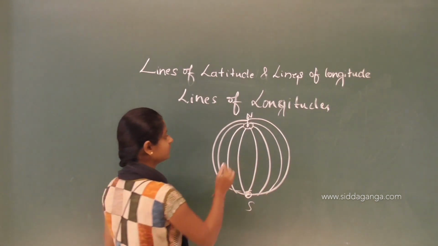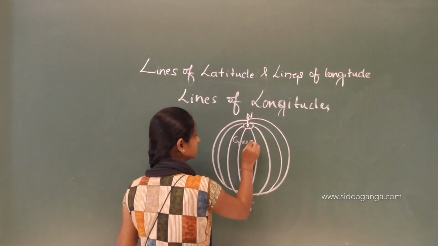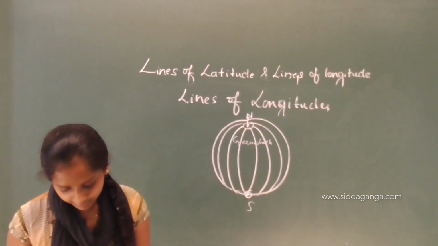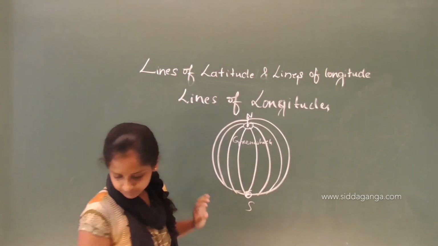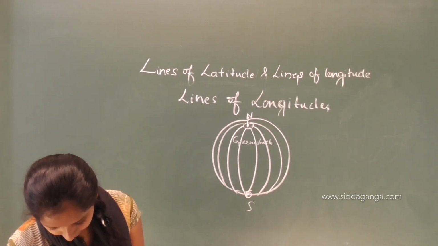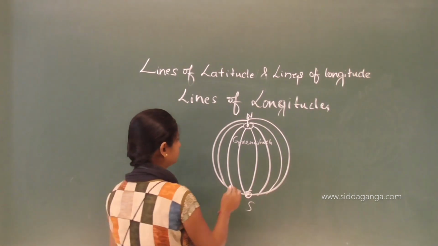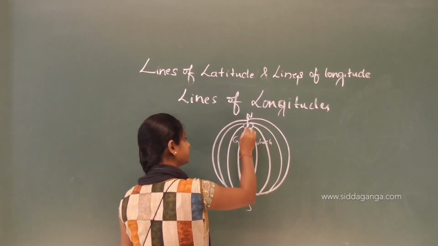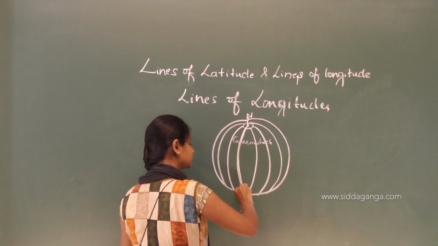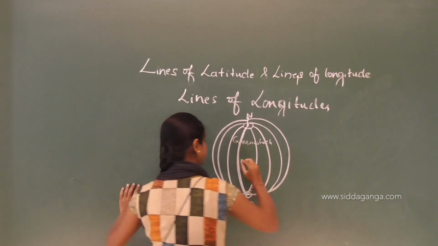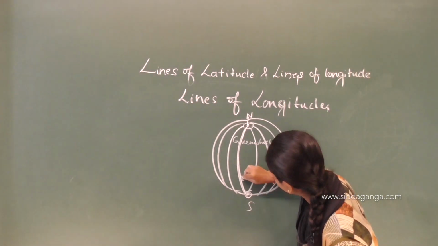This is a Greenwich place. And here you can see, this which passes from this Greenwich place is known as a main meridian. So this is the main meridian.